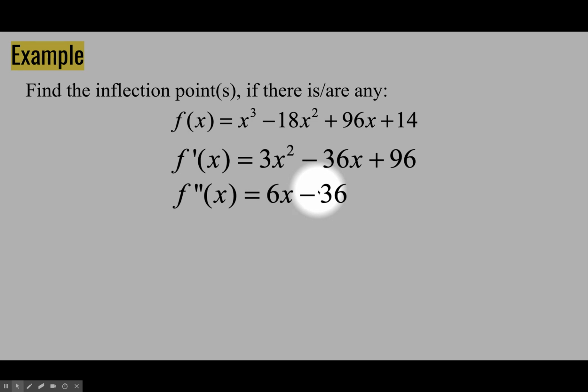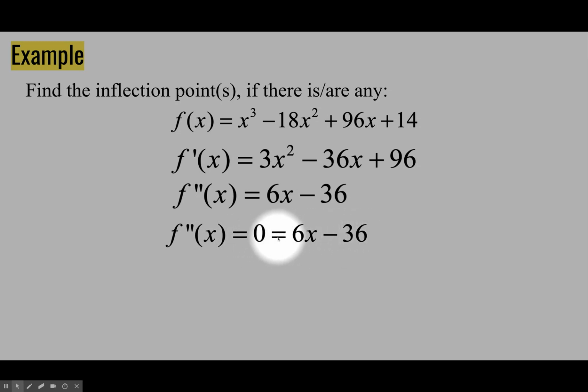If we have an inflection point anywhere, we need to find out when the sign of this expression can change from positive to negative or negative to positive. When does that value change its sign? The only time it's going to change its sign is across the point 0, across the value 0. So essentially we can say, when is the second derivative equal to 0?